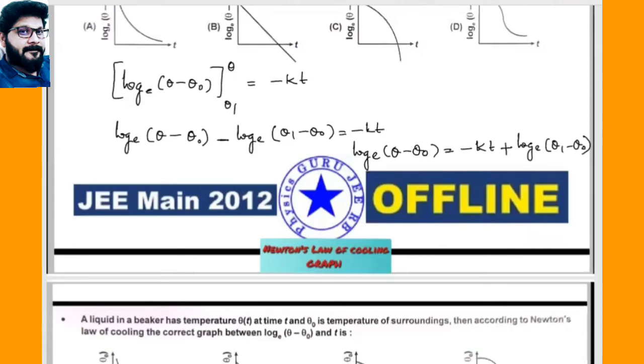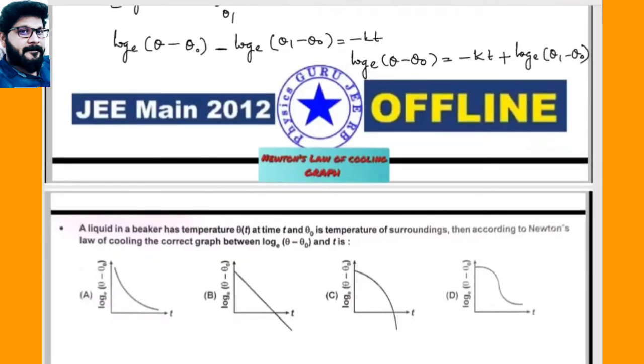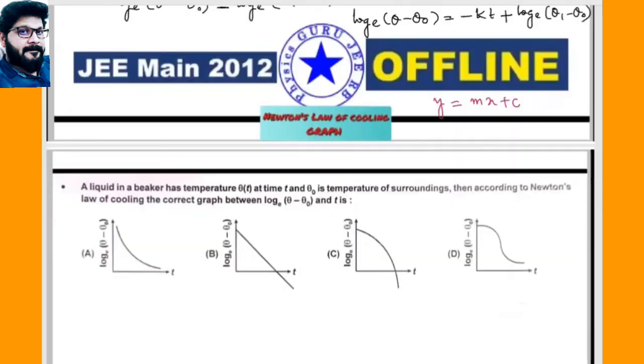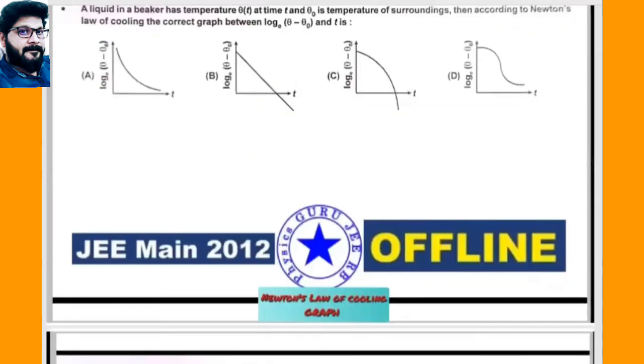Now I am bringing this equation into the form y equals mx plus c. Able to see clearly? So whatever equation we got, I will write: log base e of (theta minus theta naught) equals minus k t plus log base e of (theta 1 minus theta naught).